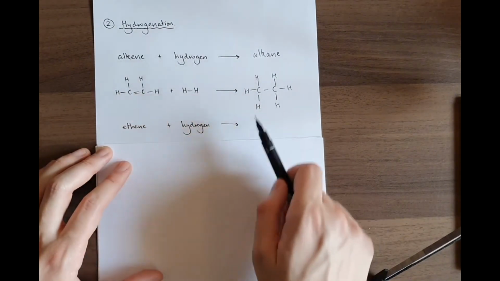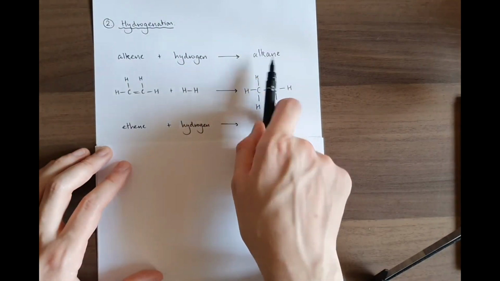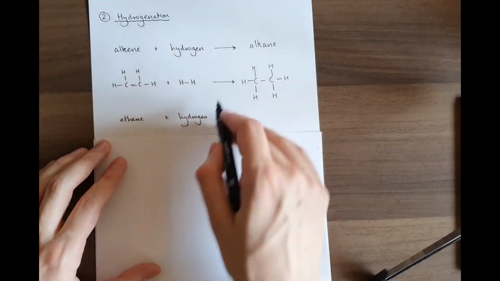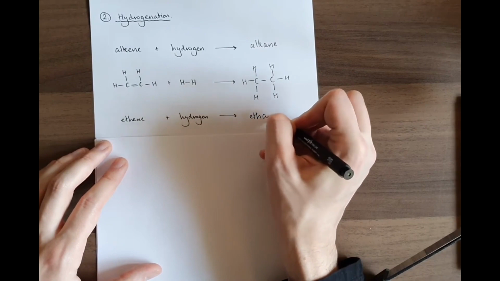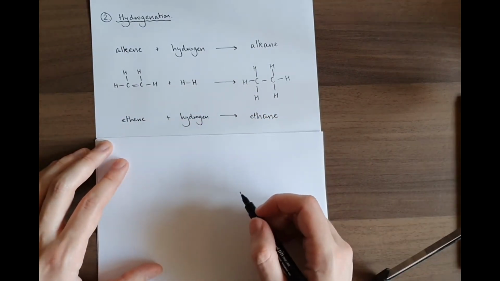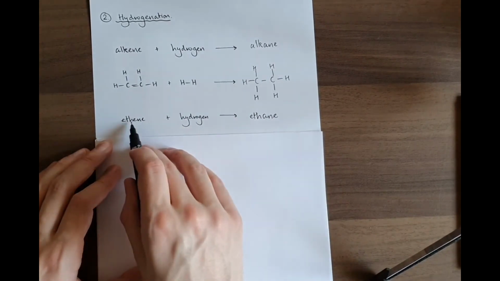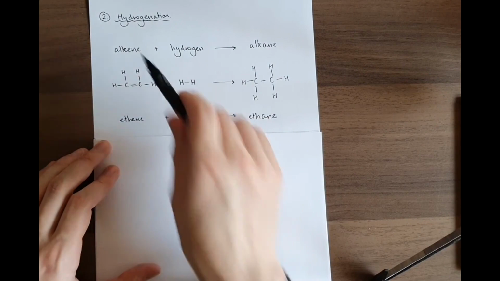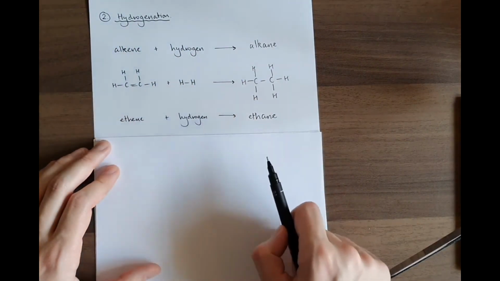And that can be quite a useful reaction if you start with an alkene but you actually wanted an alkane. So, in forming this new alkane, I can call it simply ethane, because all I've done is add 2 hydrogens to ethene, which breaks the unsaturation, forming a saturated alkane compound. So in a hydrogenation reaction, we form an alkane from an alkene.